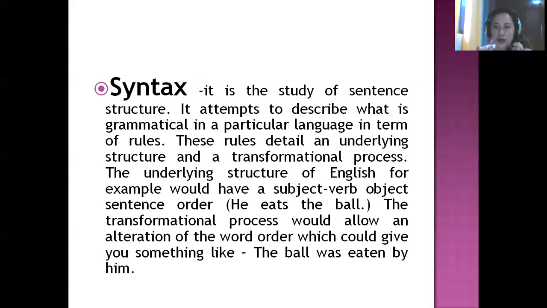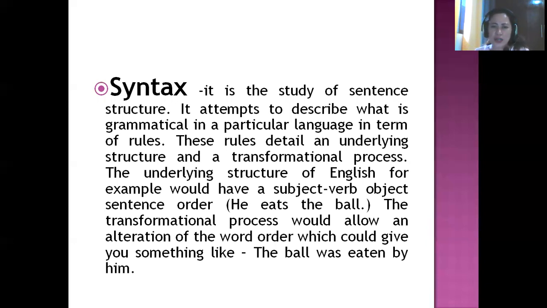The same way with I love you. So it's the concern of syntax. It will study how words are arranged in order to form a sentence. It attempts to describe what is grammatical in a particular language in terms of rules. So if you do syntactic analysis of a certain text, you might be doing parsing, no, in a certain sentence.